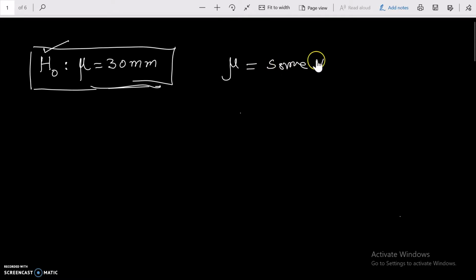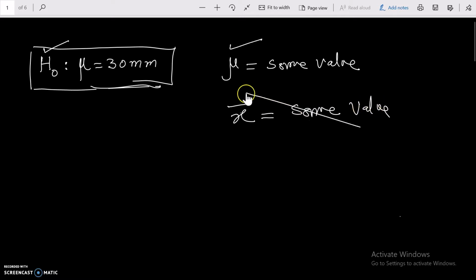It will never be a statement that the sample mean is equal to some value. It will always be a statement about the population parameter, not a sample statistic. That's what I'm trying to tell you.